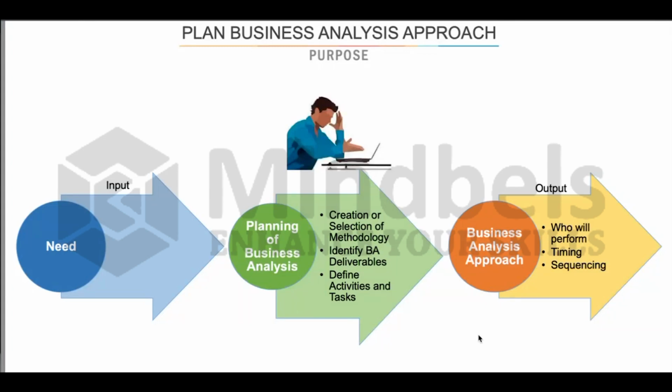So here, as a business analysis approach, it is planning BA. You finish that, then your business approach is nothing but understanding what is the requirement, who is going to perform the required activities, who is going to perform the task of ABCD, who is going to take a record of what exactly is to be done.